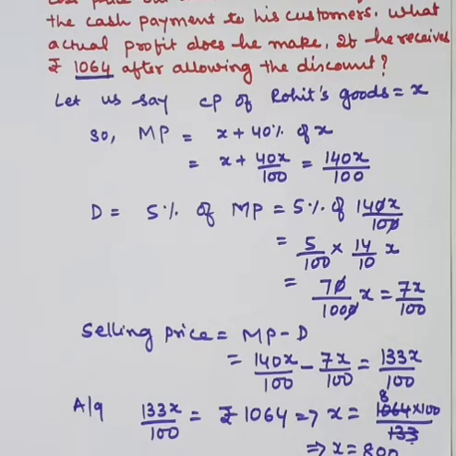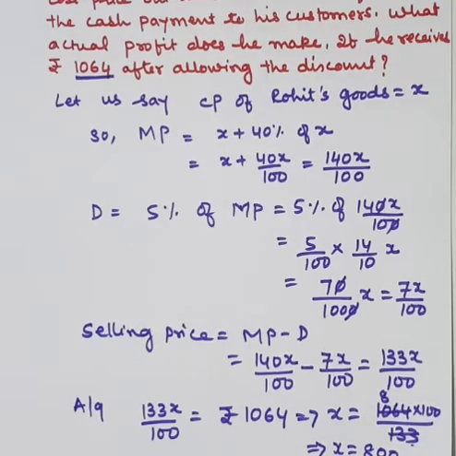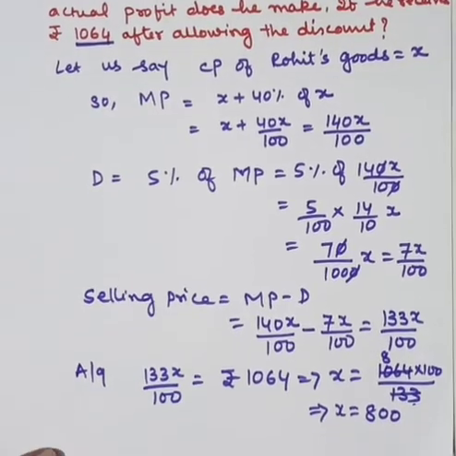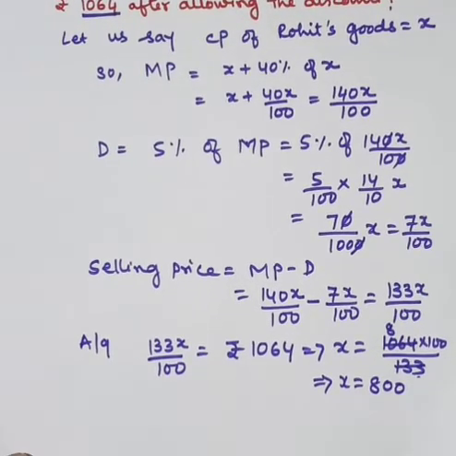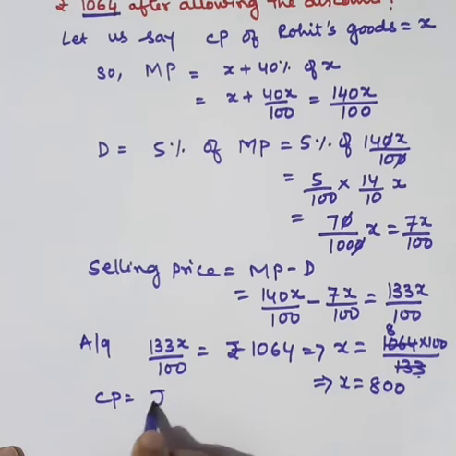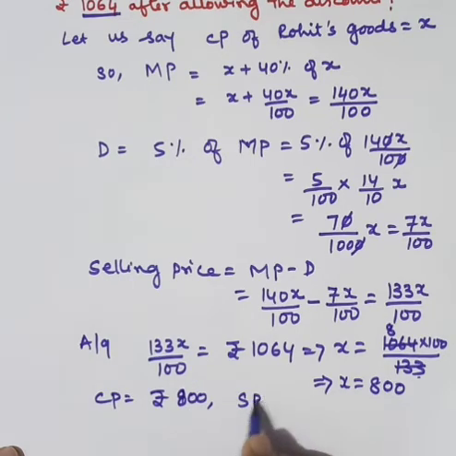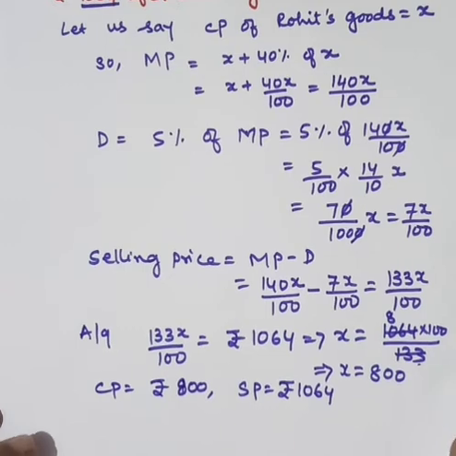But what is your x, children? Your x is your CP. Okay, now what you have to find out? What actual profit does he make? See here, 800 is your CP. CP is rupees 800. Okay, and SP is rupees 1064. Now what is the profit? Profit is equal to SP minus CP.